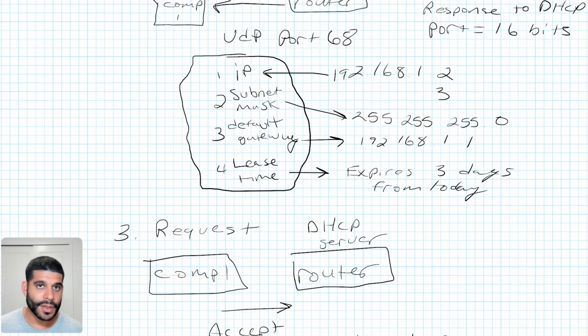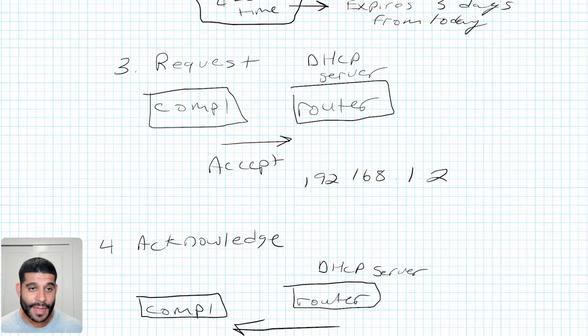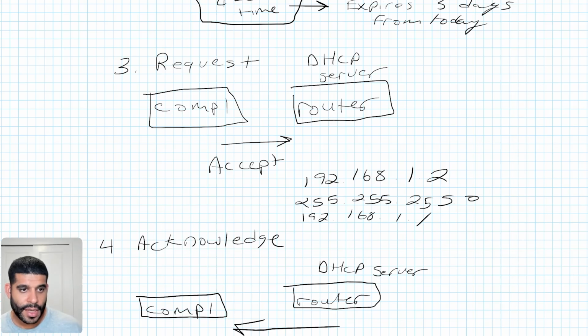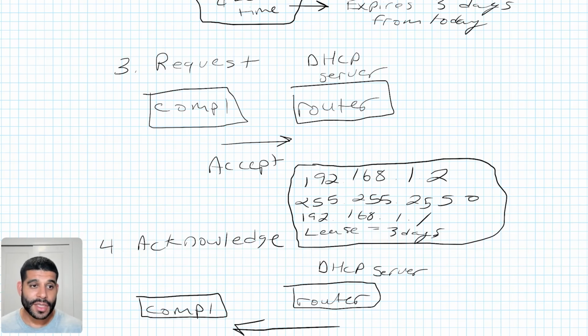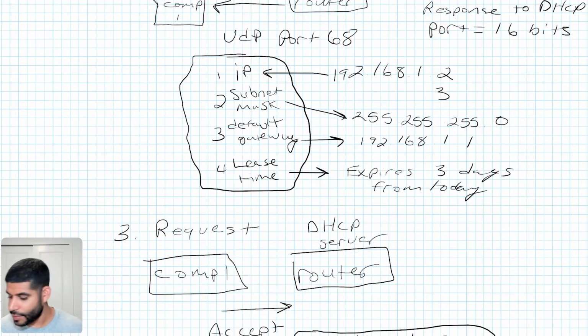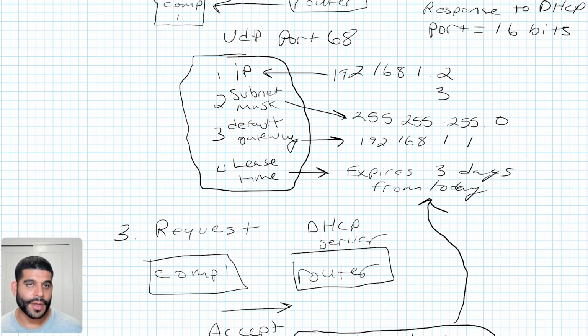So we accepted the first IP address with the same subnet mask, same gateway, and the same lease, which was 3 days. All of these were a message that we decided to pick based off of what was offered, and this was offered all up here.